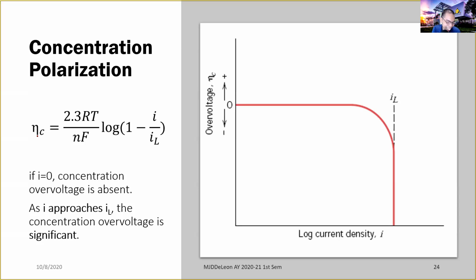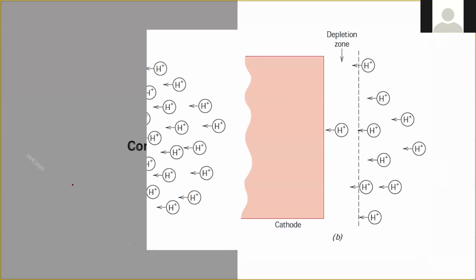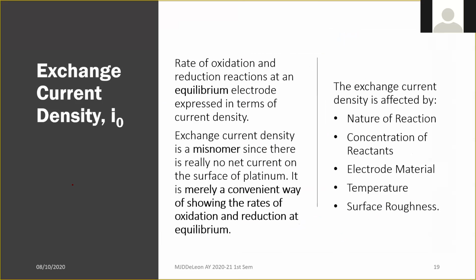Sige. Meg, sa tingin mo, bakit walang concentration polarization control sa anodic reactions? Sir, I'm really not sure. Baka kasi sa anode nangyayari talaga yung corrosion, mas stable sa cathode. Maybe. Bakit ganun? I don't know.